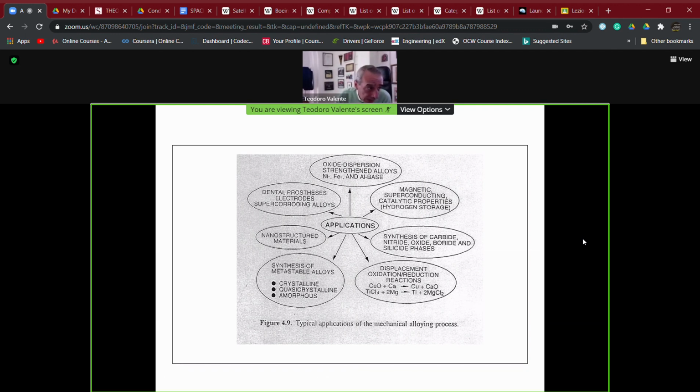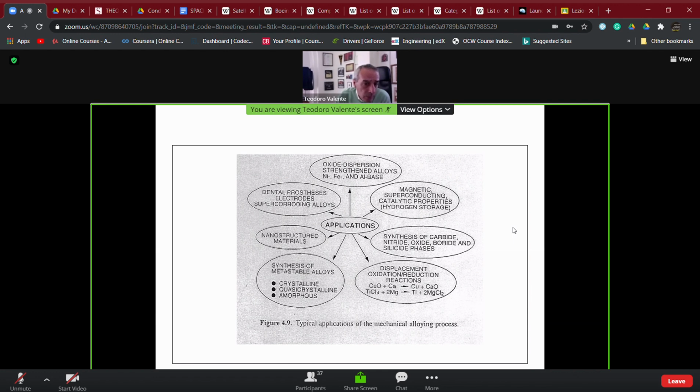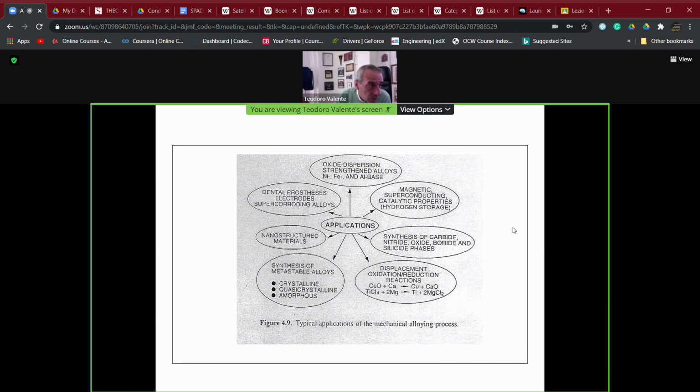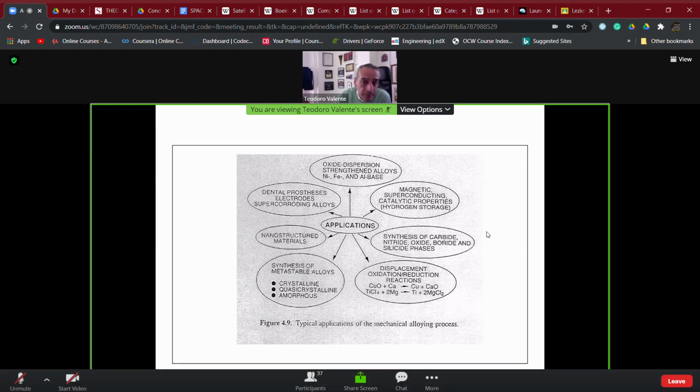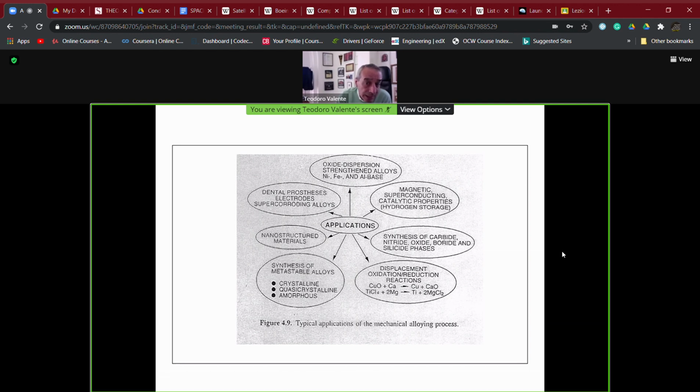And then, since we can also force more than the equilibrium state for solid solution, we can also obtain supersaturated solid solutions, metastable alloys, and so it is important, again, for non-conventional materials.